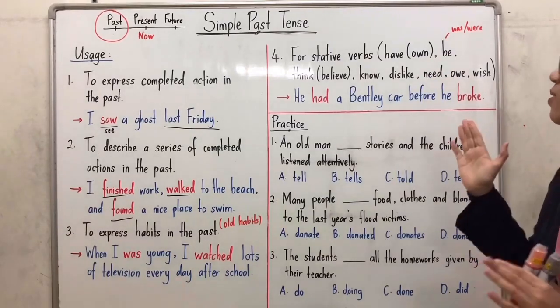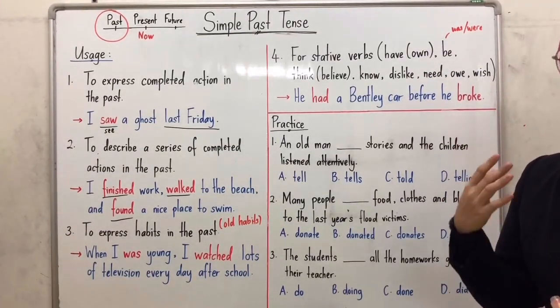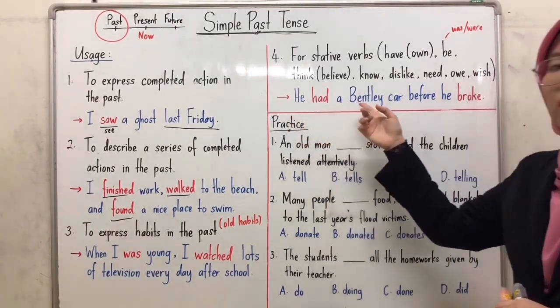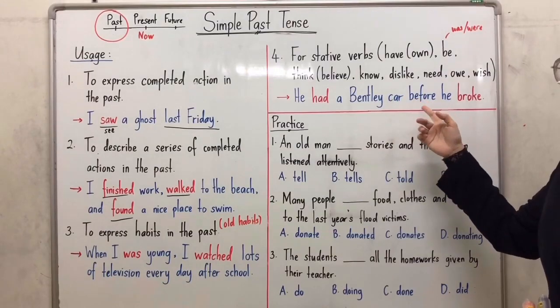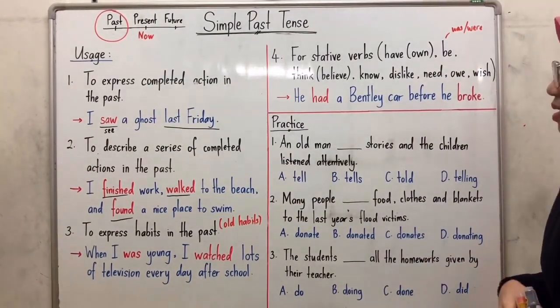These verbs are either used in simple present tense or simple past tense. For example, he had a Bentley car before he broke. So this has already happened in the past.